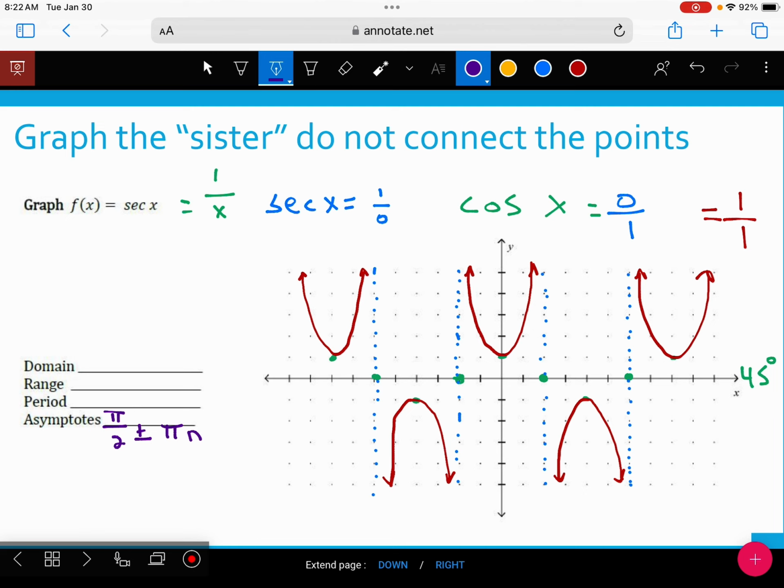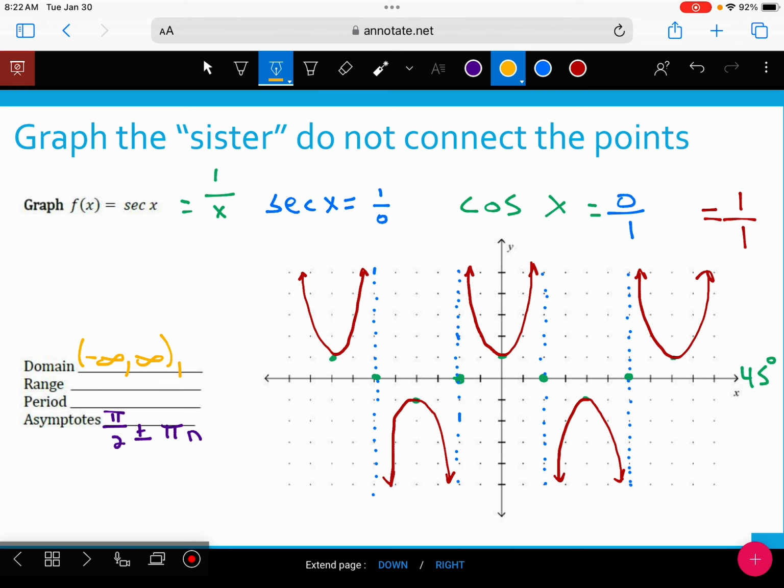So now that we have our asymptotes, we're going to talk about our domain. And the first thing we write for our domain, same as before, we're going to say all real numbers. And then after we say all real numbers, we have to exclude the asymptotes.